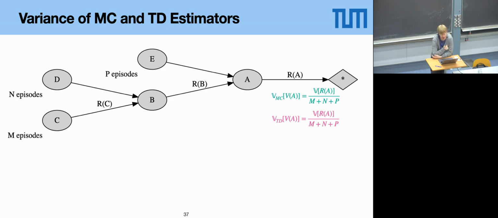Here on the reward process after state A. Obviously if the rewards are noisier, then it's harder to estimate the values. And also on the number of episodes, the number of times you've observed rewards after state A. So you have these P, N, and M episodes starting in the states E, D, and C. And the more of them you have, the better you can estimate the value of A. But here it's still not interesting because the 2 estimators are the same.